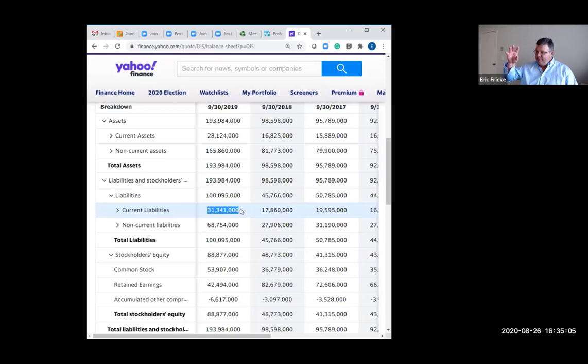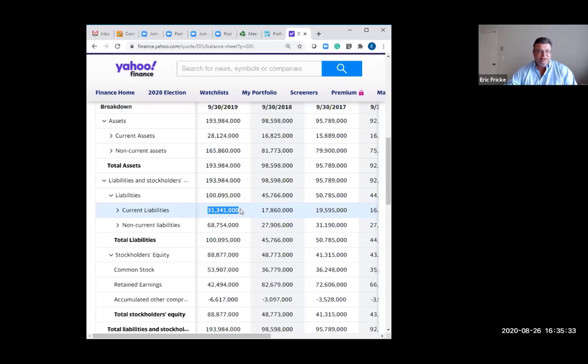So 2018, we had negative $1 million in working capital, and 2019, we had negative 3.2 million. So actually, working capital went down. It's a negative number. It went down from negative $1 million to negative 3.2 million. So that's a minus 2.2 million drop in working capital.